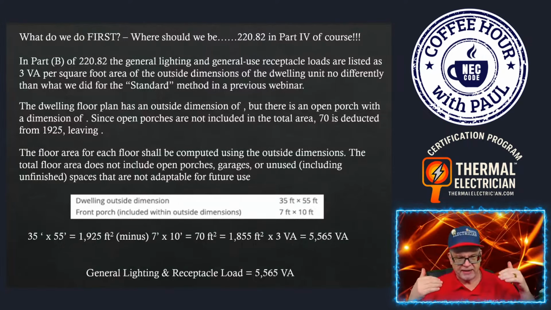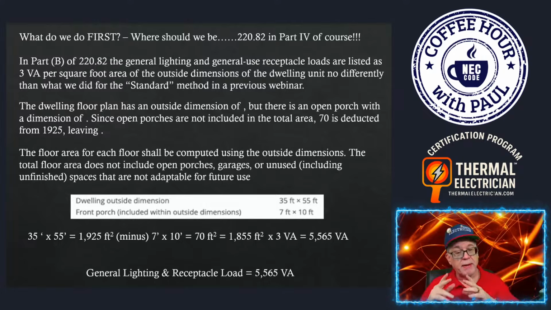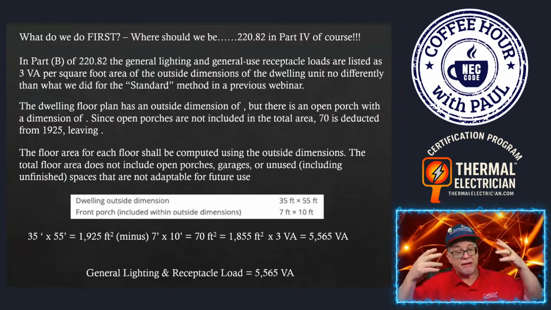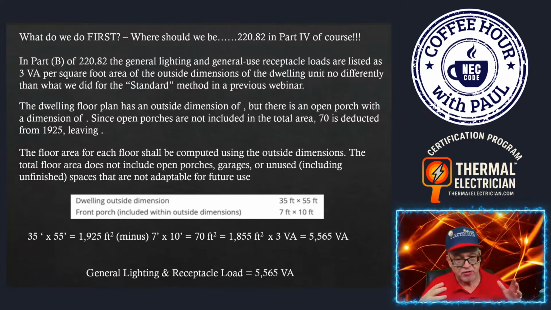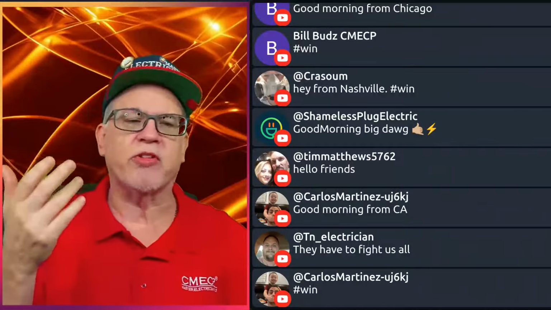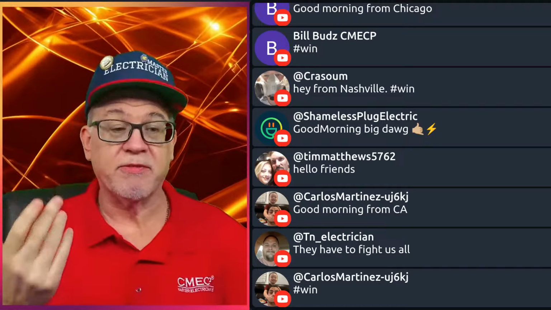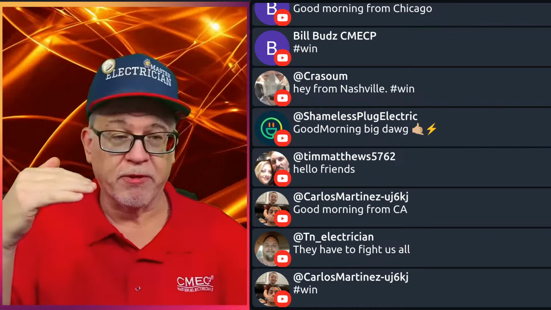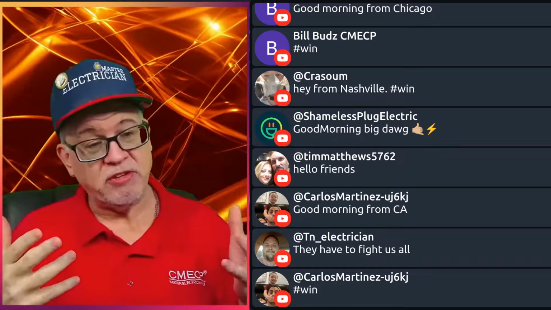Now, this is just a ranch style, one floor. But remember, if there were two floors, a basement, which is adaptable for future use, then you have to include the square footage of the basement as well. People ask me all the time: let's say this was a ranch and the basement was unfinished and I'm doing the first level, what about the basement area?